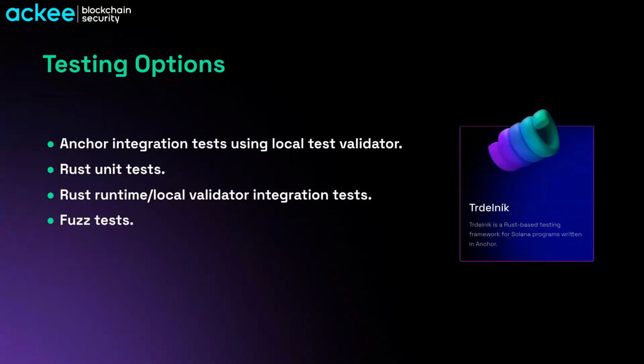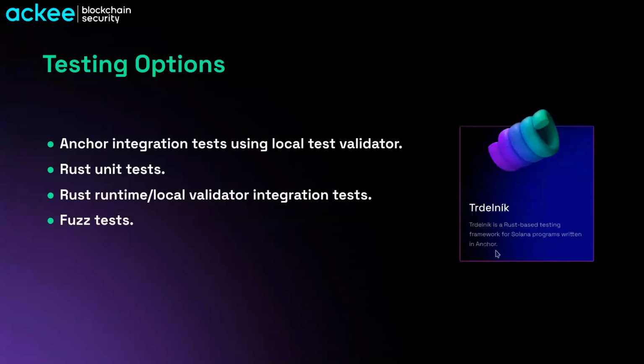We are developing our tool. The current name is Trdelník. It might be changed in the future, but this is actually a Rust-based testing framework that helps you write tests for Anchor programs.